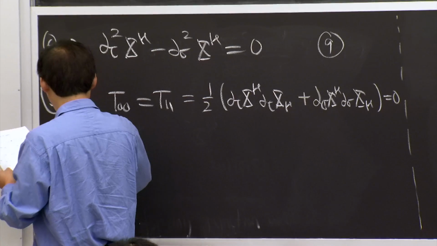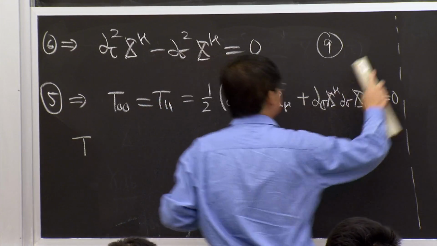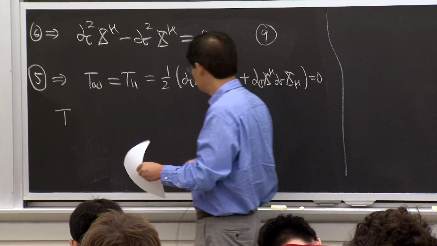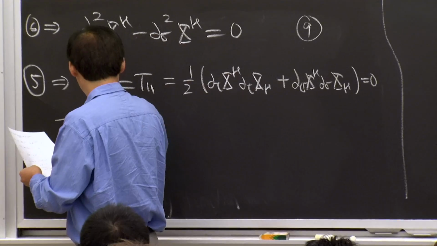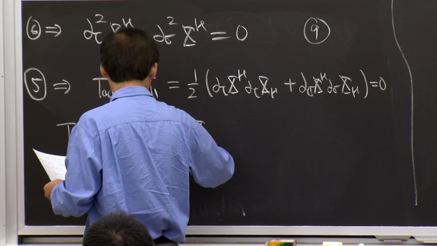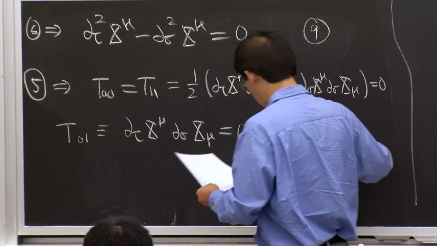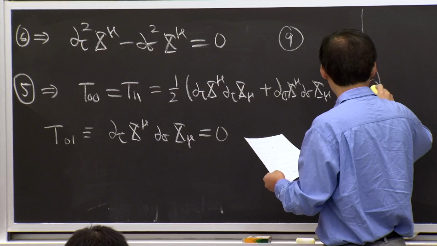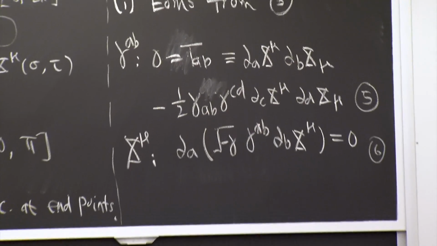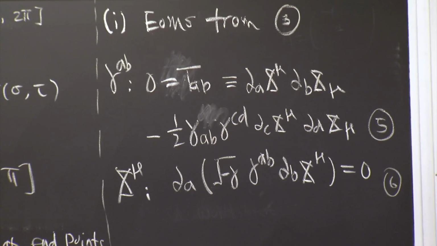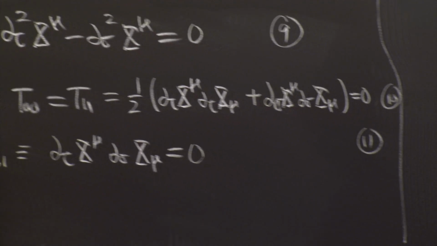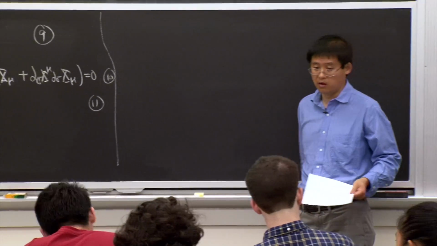And the T01 component will give you partial tau x mu times partial sigma x mu equal to 0. I'm just writing everything explicitly. These are the 3 components of that equation when I set gamma AB equal to eta AB. You can easily check yourself, just plug that in.